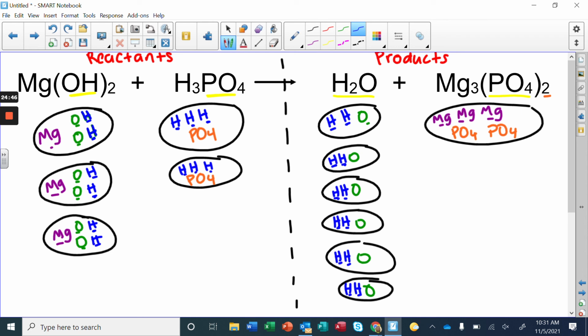Okay. And now I should have 12. Then I'll look at my PO4s. I have 2 PO4s on the reactants and 2 PO4s on the products.